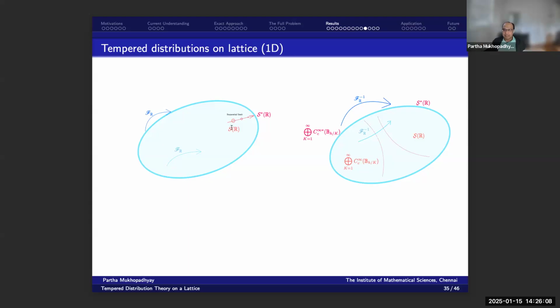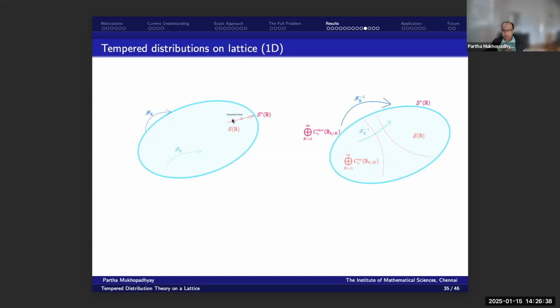This is S(R), the Schwartz space in the continuum. Now you are constructing a sequence in this space, and these blobs are the elements of that sequence, such that in the limit it's a distribution. It is not a Schwartz function anymore, so it is outside that space. So distributions are like the boundary of the Schwartz functions in that sense.